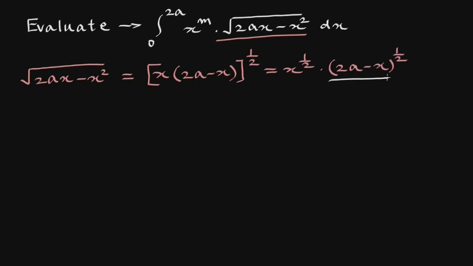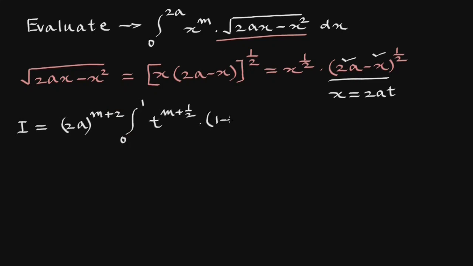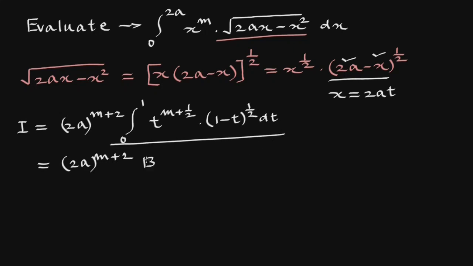So from this part we substitute x equals 2at, and working on the same lines we get the integral 2a raised to m plus 2 from 0 to 1 of t raised to m plus half into (1 minus t) raised to half dt, which finally will be 2a raised to m plus 2 times the beta function B(m plus half plus 1, half plus 1), that is B(m plus 3 upon 2, 3 upon 2).